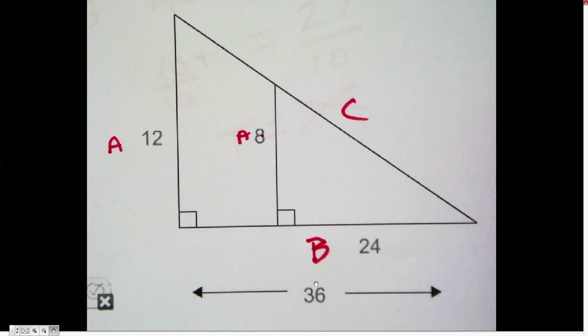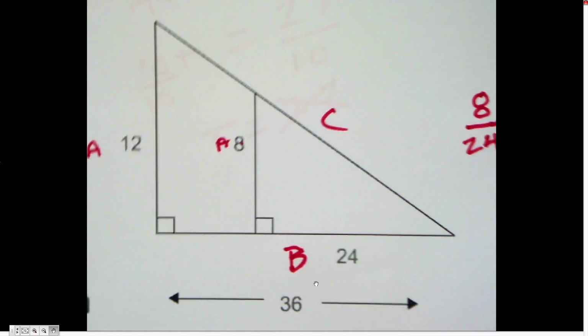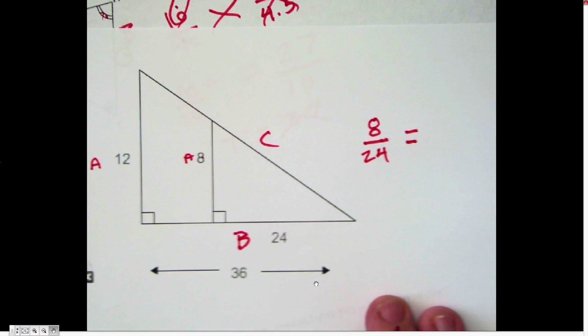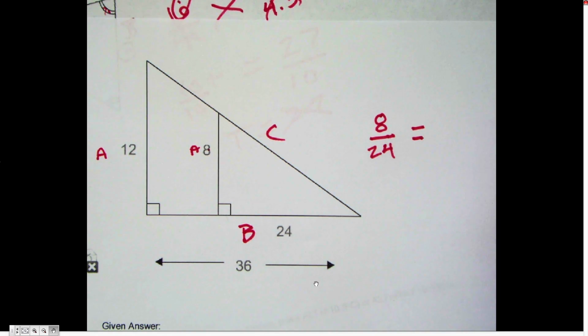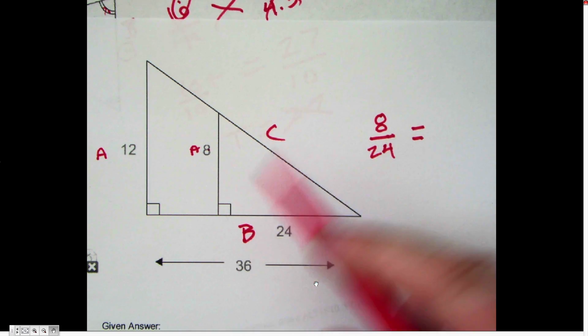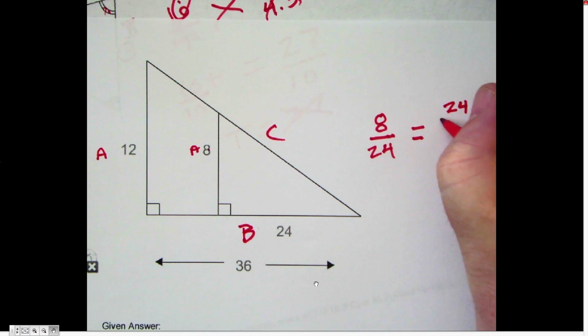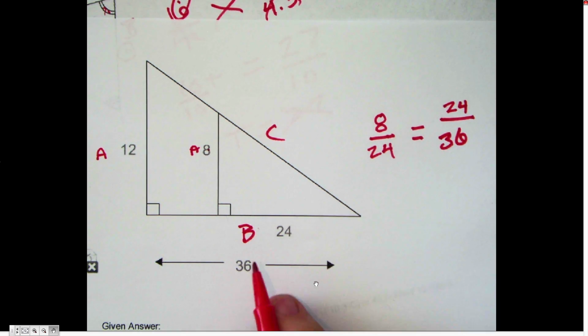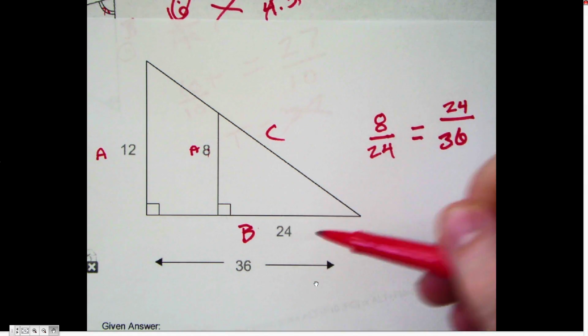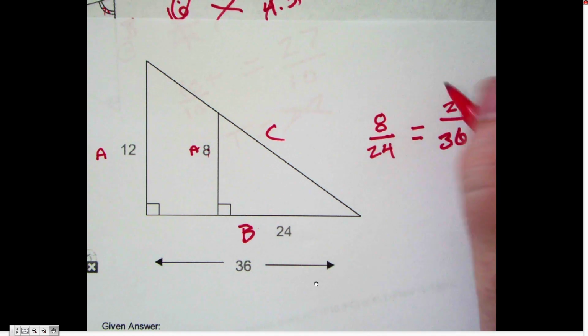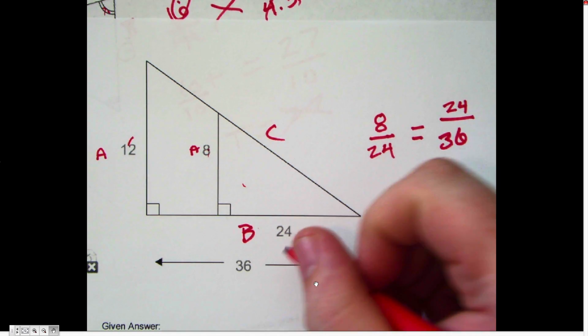A, the same triangle, is 8 over 24. That should be exactly the same as the ratio for line B. 24 over 36, okay, A over B and A over B, same triangle, right?